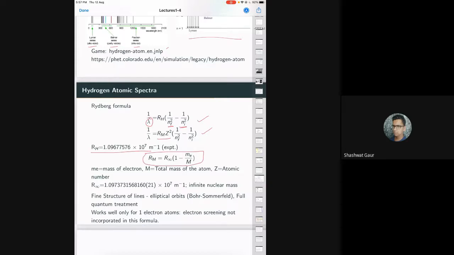I'll tell you exactly what it means. And multiplied by Z square, where Z is the atomic number.